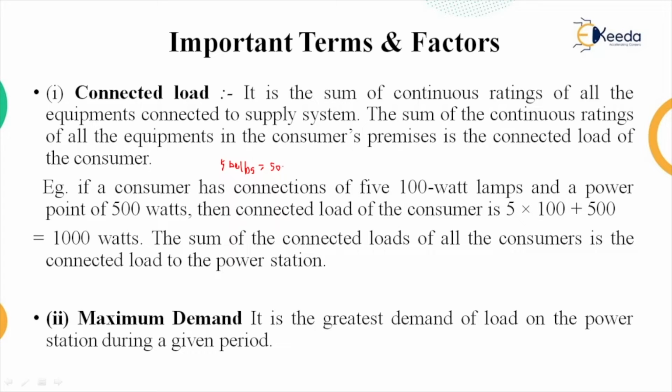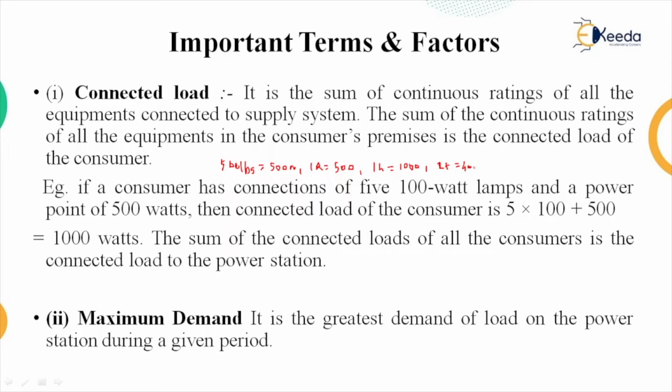Then let us say one refrigerator at 500 watt, then one heater of 1000 watt, then two fans, one fan of 200 watt, so the total is 400 watt.